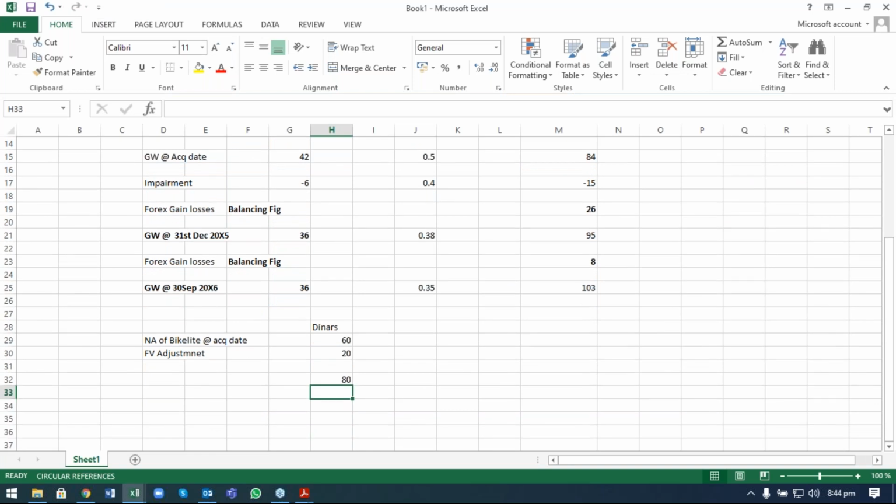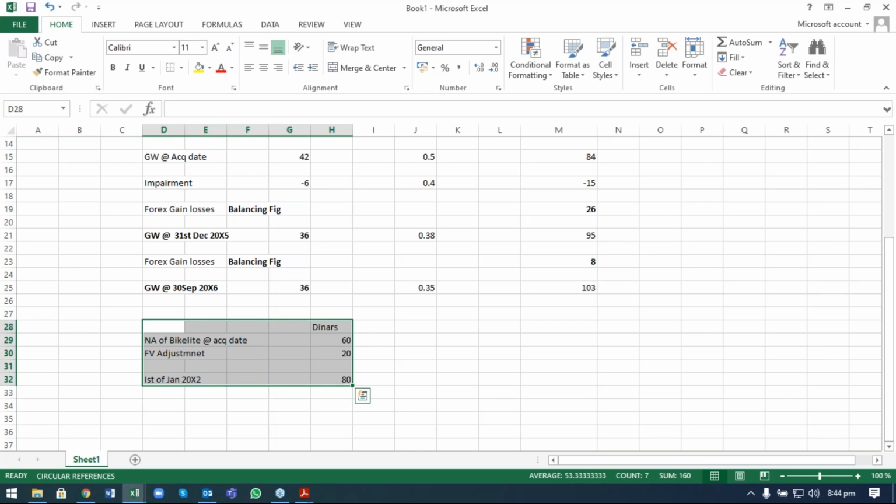Net assets in dinars, that's something you have calculated on acquisition date, that was 1st of January 20x2. But as this specific requirement was not given, when you're creating your answer, you might be making this calculation.